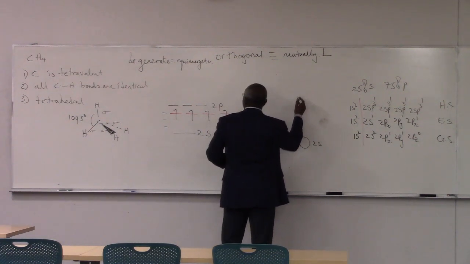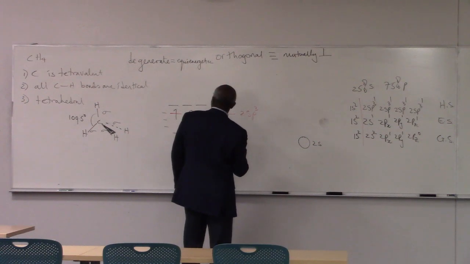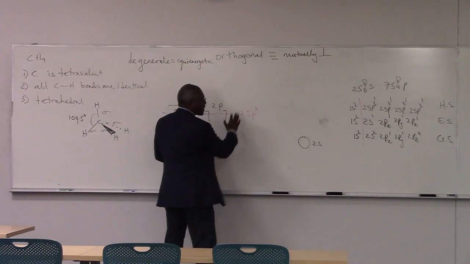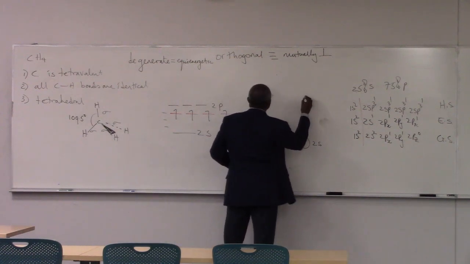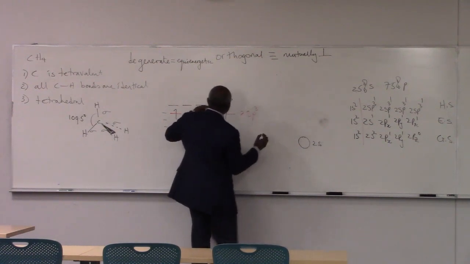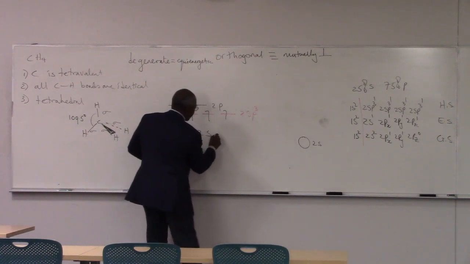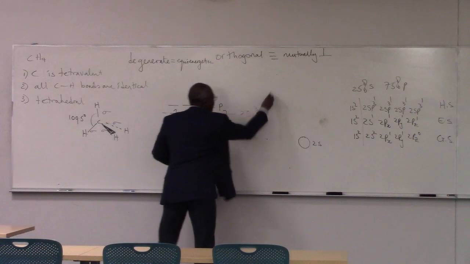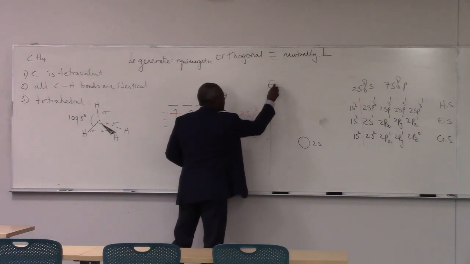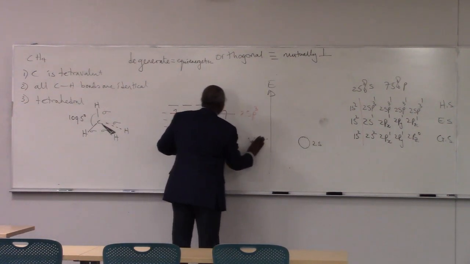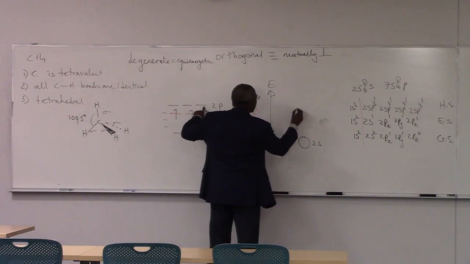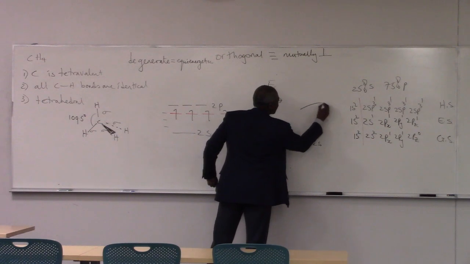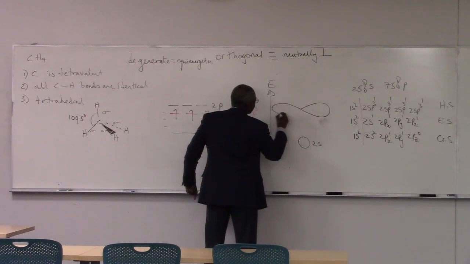A 2p would be larger. So that's my 2s. They're the same energy level, same energy axis. A 2p would look like this. So it's higher in energy, and it looks something like that.